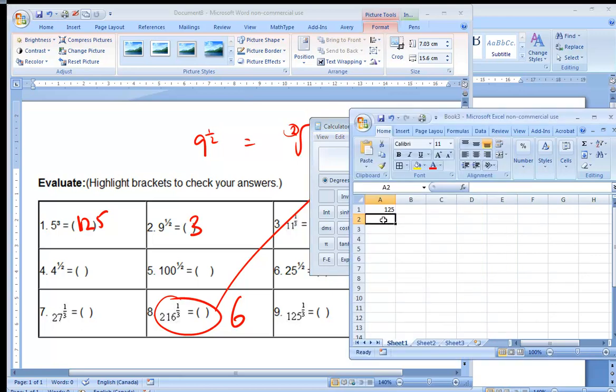Or I could have used my spreadsheet again. I could have said equals 216 to the power of bracket 1 divided by 3, close the bracket. I'll still get 6, I better. Or I could have used the cube root function.